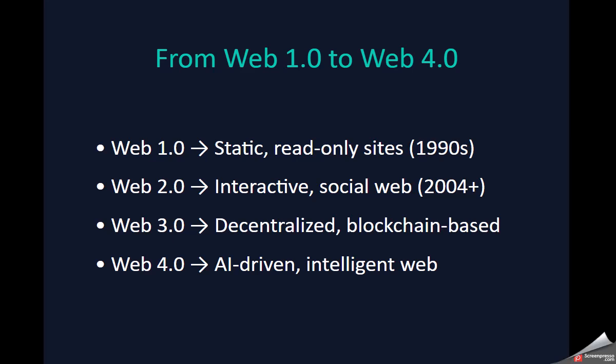From there it evolved to Web 2, which is from the year 2000 to the present. It's the read-write, interactive, social web, whereby you can now interact as a user. You can comment, you can like, you can share, where users can create, share, and collaborate. You don't just read information, you also participate.